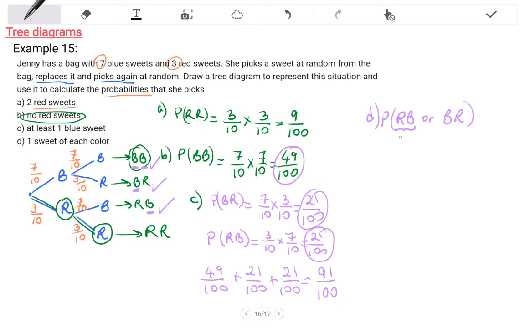Red and blue we have already found: it has 21/100. It's here. Blue and red, we have already calculated in part C. It has 21/100, and either this or this may happen. So I add the values to have 42/100, and also simplify your answer, 21/50.